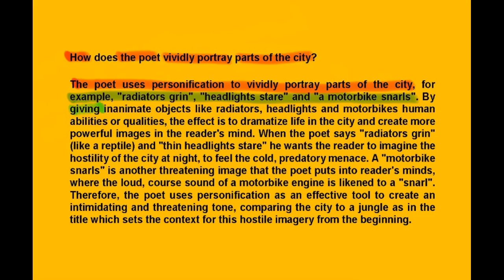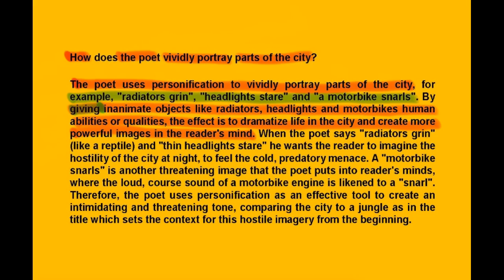Let's try and do a different color. Just highlight this part. By giving inanimate objects like radiators, headlights and motorbikes human abilities or qualities, the effect is to dramatize life in the city and create more powerful images in the reader's mind. Okay, then we can go on.